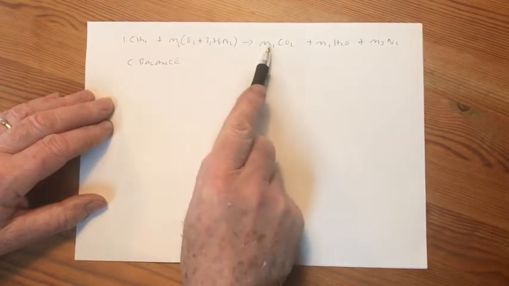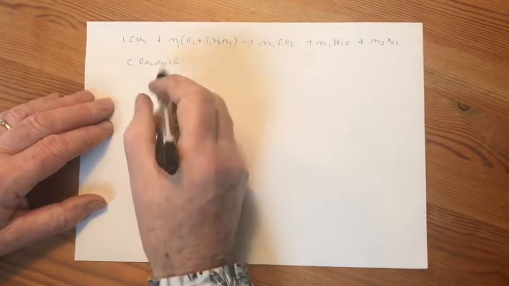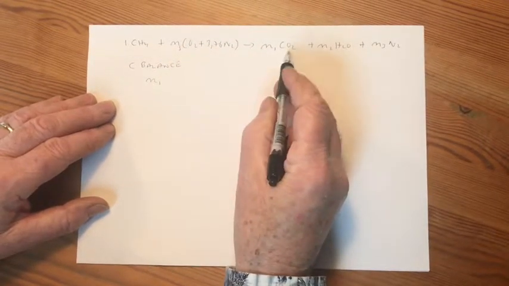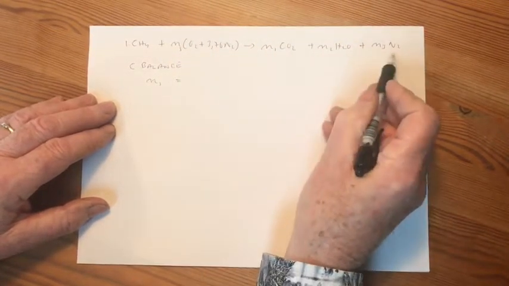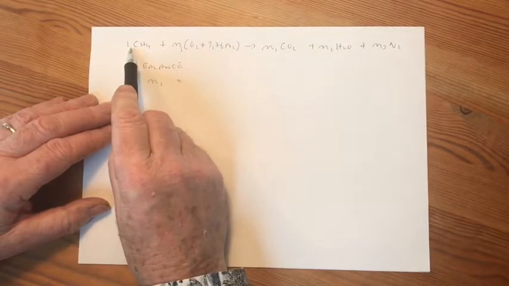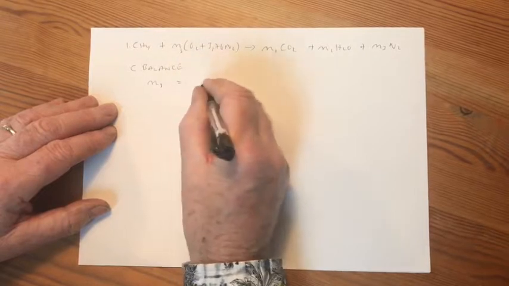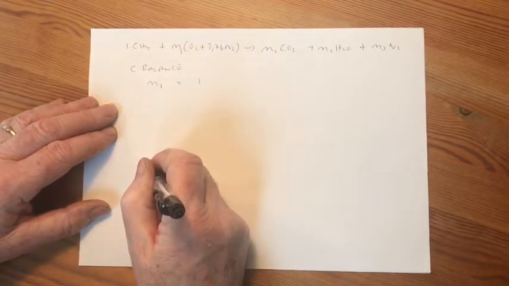So let's start off. We have a look on the right hand side. We have N1 and just one carbon there. No more carbons here. We check over here and we've got one carbon over here. So that's easy enough. So N1 is simply equal to 1.